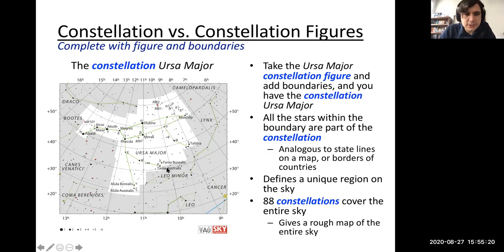Now these stars over here, like this star here, this star up here, they are part of the constellation Ursa Major, but they are not part of the constellation figure. And remember, there are 88 of these that make up the entire night sky. So we have 88 states on the map of the night sky.